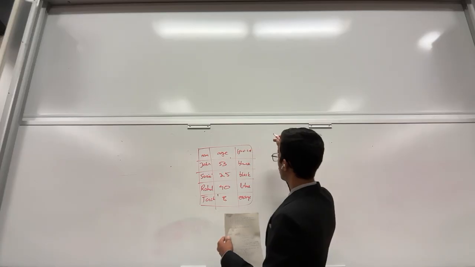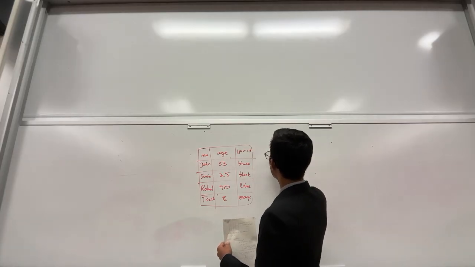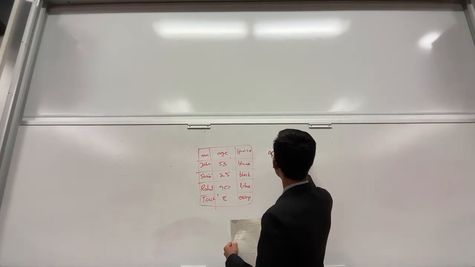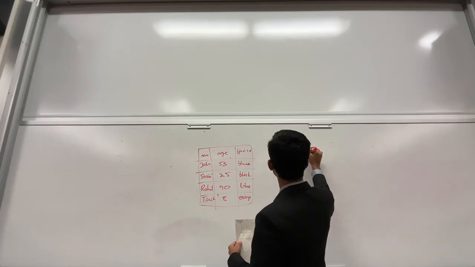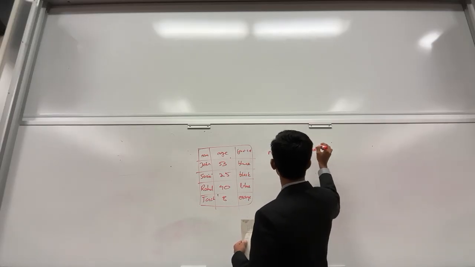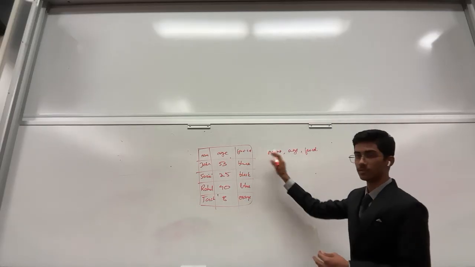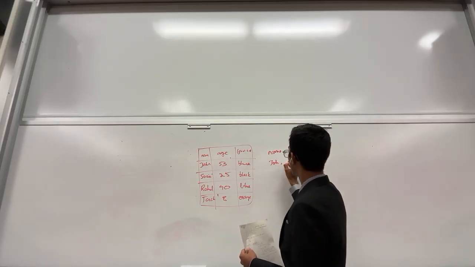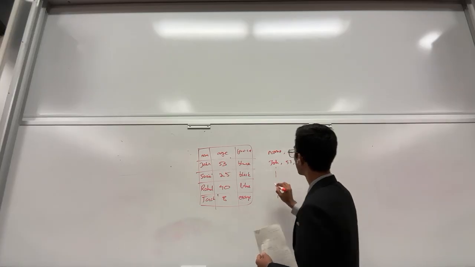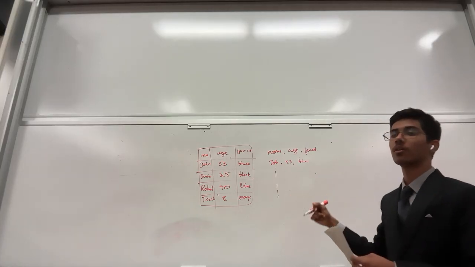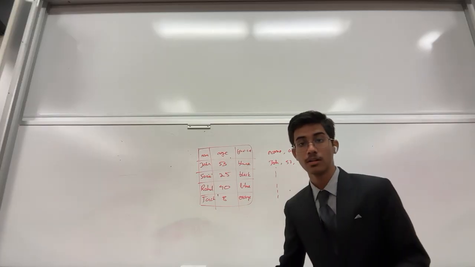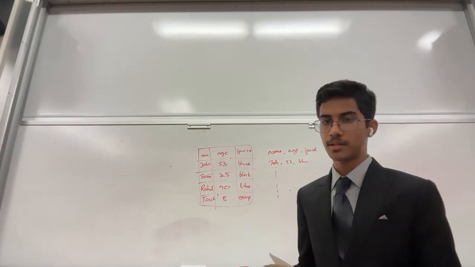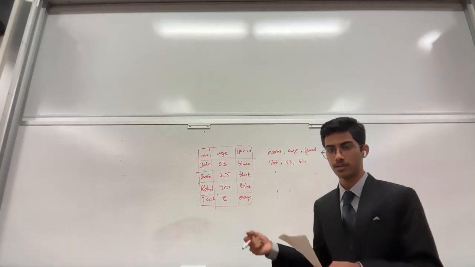Let me break this down as name, comma, age, comma, favorite color. That's the first one. Then I have John, comma, 53, comma, blue, and so on and so forth, with each thing being separated by a comma. So here, a comma is the thing that's separating. So it's a comma separated value.